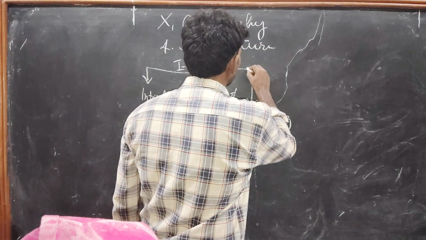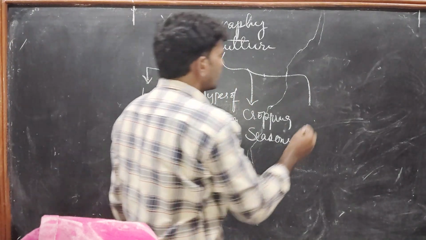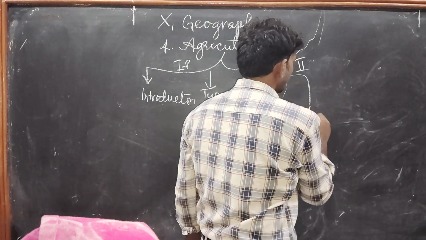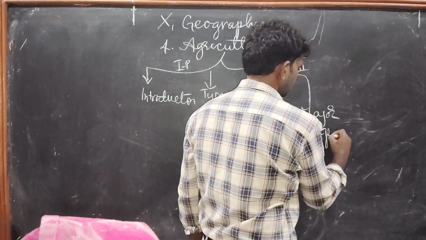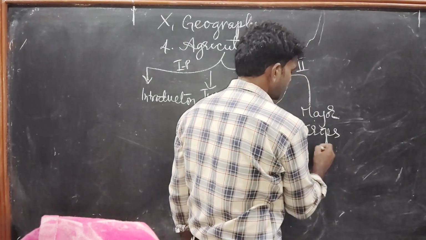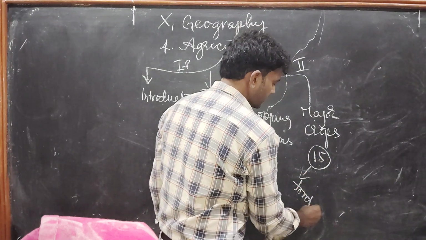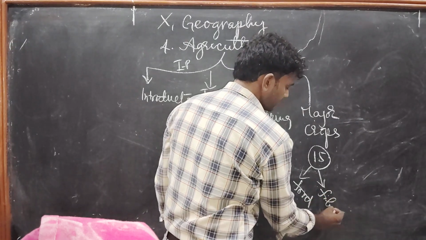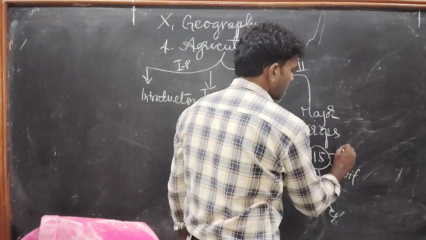And that is about part 1. Coming to part 2, that is about major crops. 15 major crops are there. Some are food crops, some are fiber crops, some are oil crops, some are commercial crops.